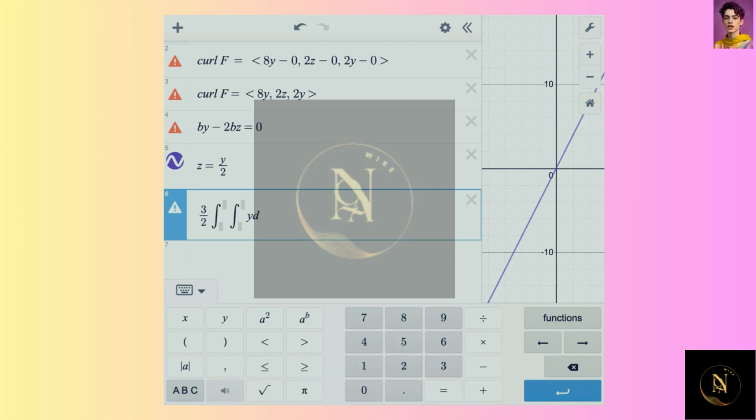The bounds are going to be for y from 0 to 2, because that's what the rectangle looks like, and then x from 0 to 1. It shows us that the amount of work done will be 3 units, depending on what units we're in. And that is a result of what we can do with Stokes' theorem.